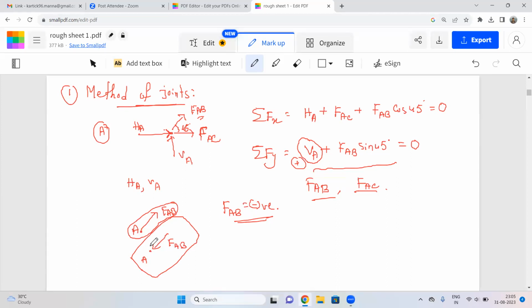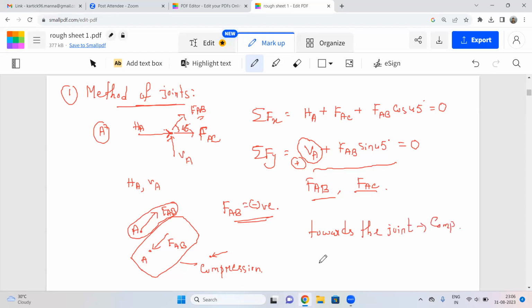So it is coming towards the joint. That means it is compressing the joint. It is forcing that joint, to compress, right? So that will be compression. So towards the joint, that is compression.